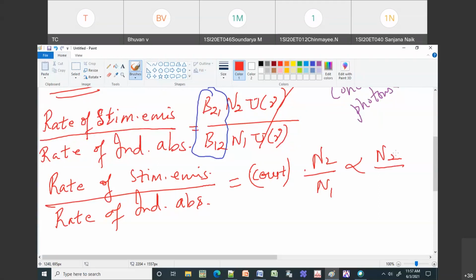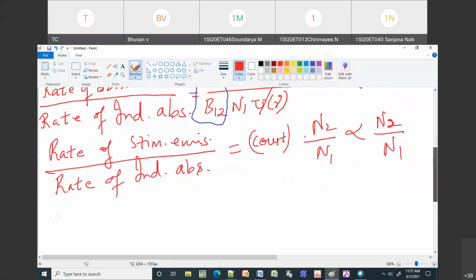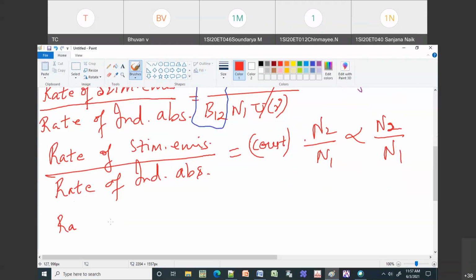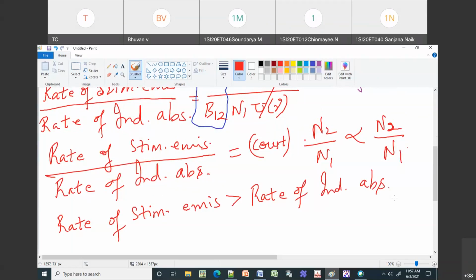Okay, so now my aim is I want more number of stimulated emission compared to your induced absorption. Okay, I want rate of stimulated emission to be more than rate of induced absorption. So this is true only when your N2 by N1 is greater than 1.